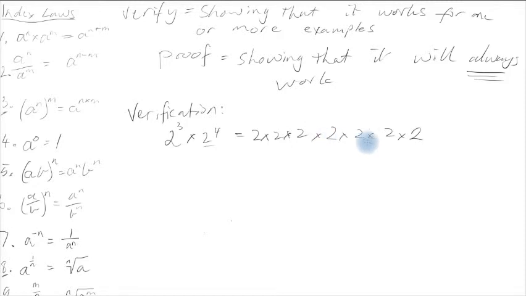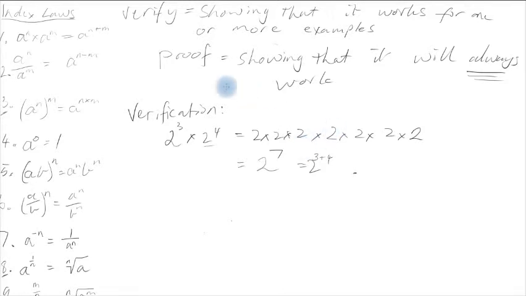Now I'm going to take this thing and write it back into index form. I've got 2 is my base number. And I've got 1, 2, 3, 4, 5, 6, 7 of them. 2 to the power 7. And you notice that 2 to the power 7 equals this 3 plus 4. So there we go, it's verified. I have shown that it works for this one example.